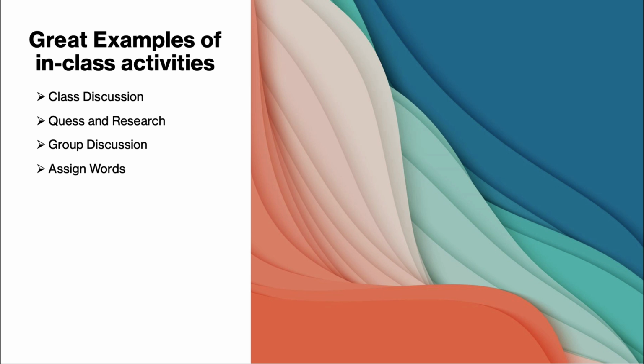Guess and research. There's another activity you can do where you put up some of the introduction words and you have them guess what they think it means in the context of your unit. And then you talk about it, and this can get another class discussion going. You can also put them in groups for this.